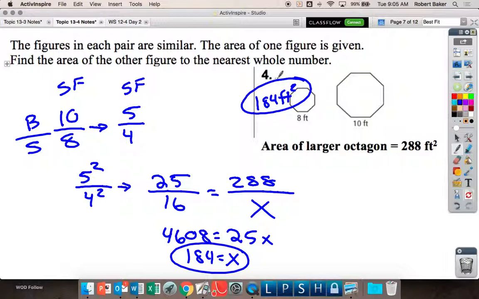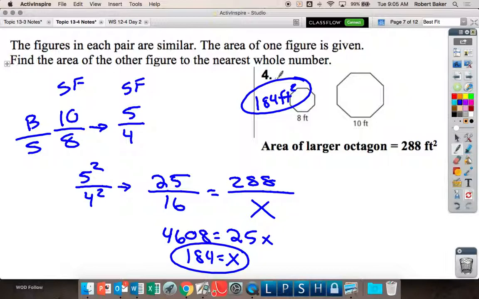It's always good to check, is the area of the small octagon smaller than the area of the big octagon? Yeah, so it kind of makes sense. If you used 100 over 80, yeah, it's the same number, you just get much bigger numbers here. Does it make sense?